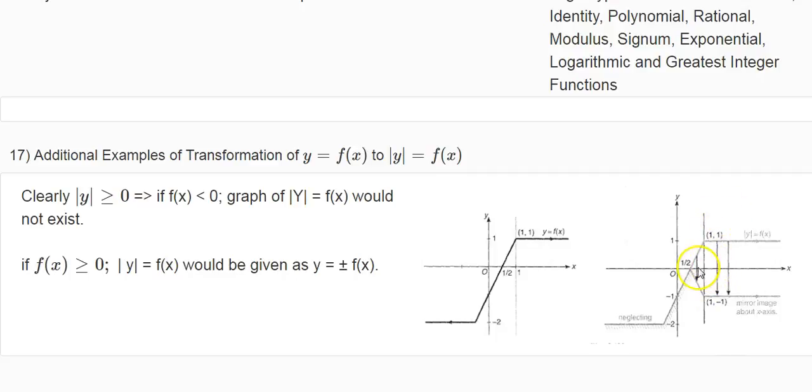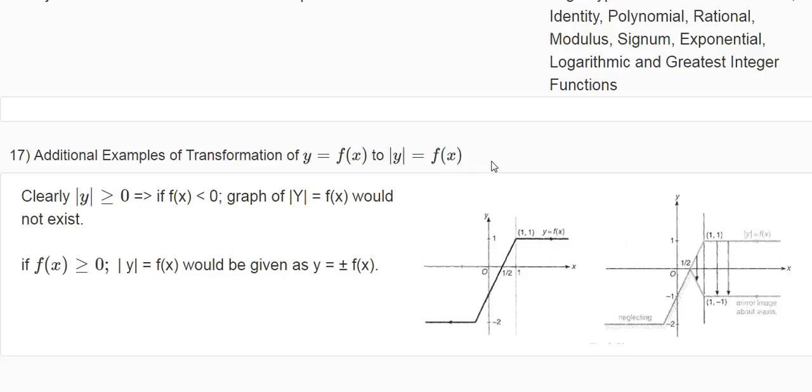So far, whenever we were taking the mirror image of the earlier graph, we were ignoring the line whose image we had taken. But in this case, we will be having both the images in the final answer, because modulus of y is equal to 2 would mean y is equal to plus minus 2.